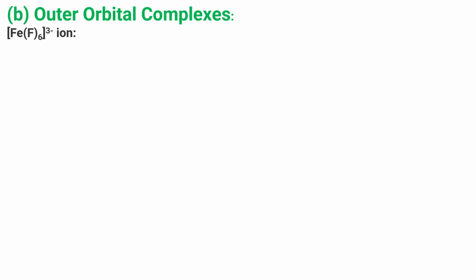An example of an outer orbital complex is the iron hexafluoro compound, [FeF6]3-. First, you calculate the oxidation state. Let's suppose x is the oxidation state of iron, plus 6 into 1 minus charge for fluoride, equals minus 3.